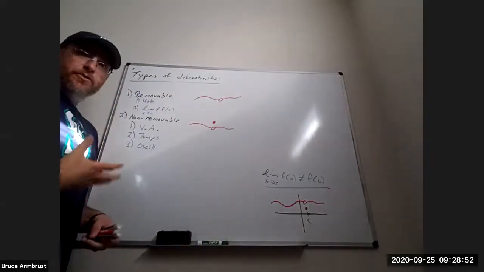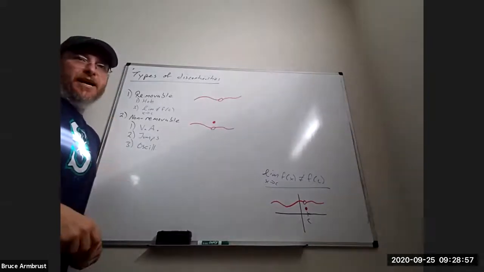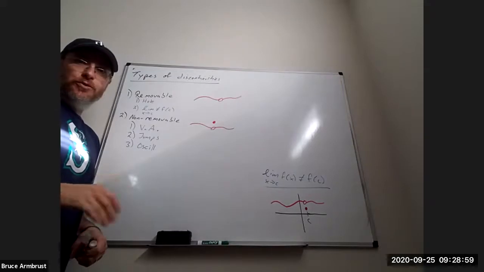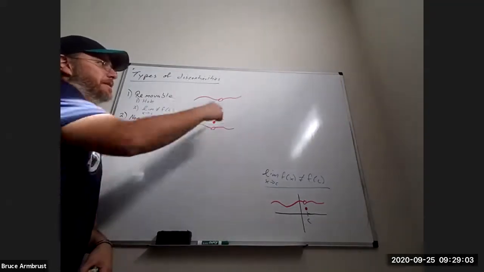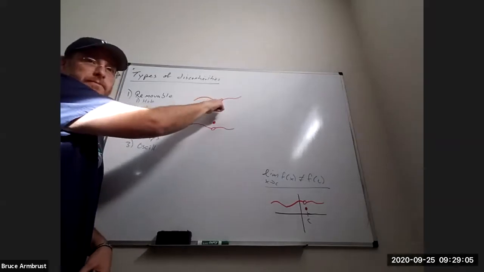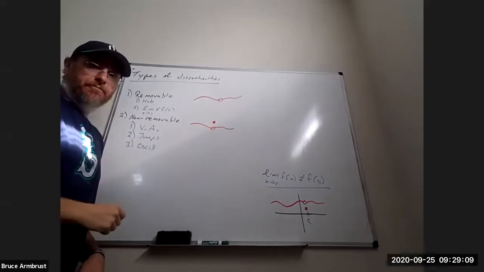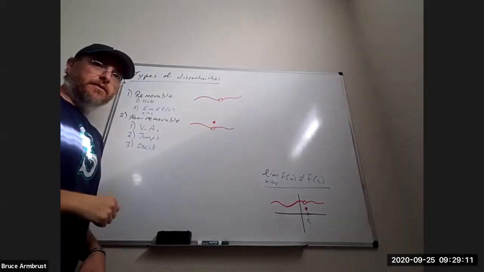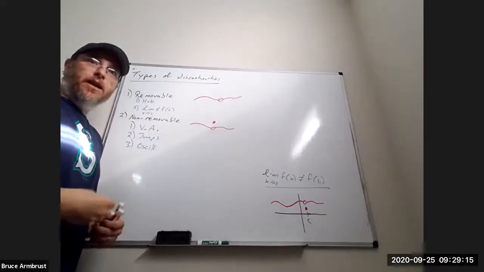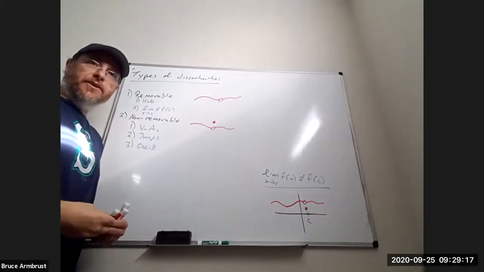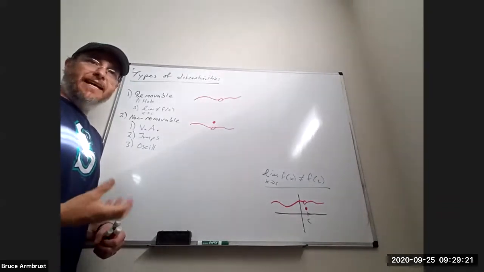We call these removable because it's super easy to remove that discontinuity. All you have to do is basically plug that hole, or with this one, move that dot down so that it plugs the hole. Mathematically, what that means is that all we have to do to get rid of that discontinuity is define the function differently at x equals c.